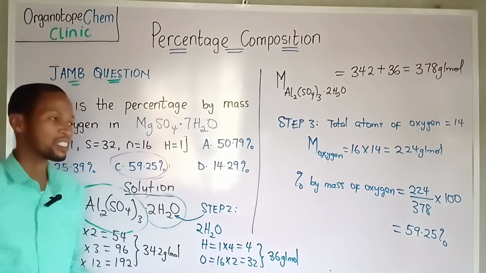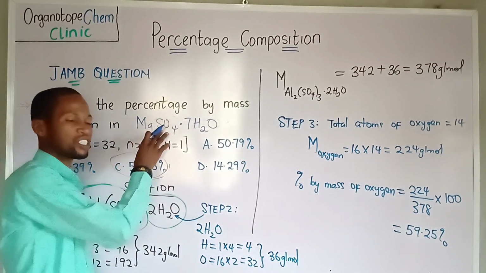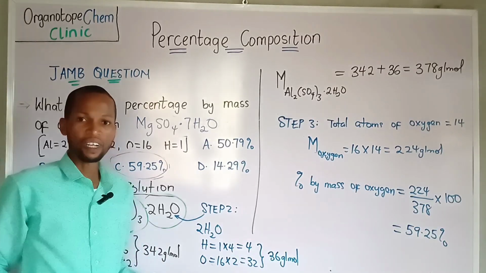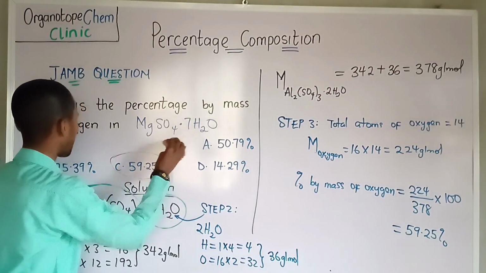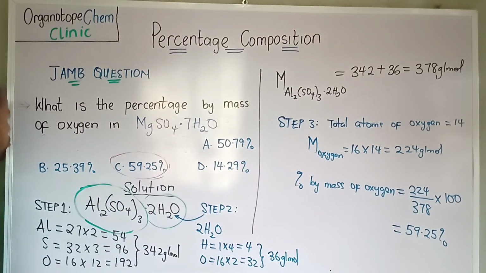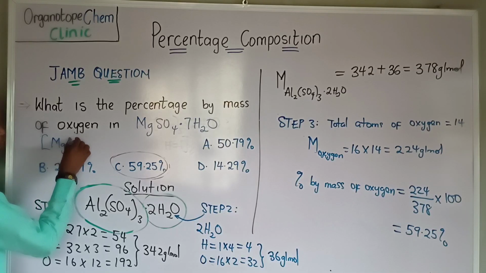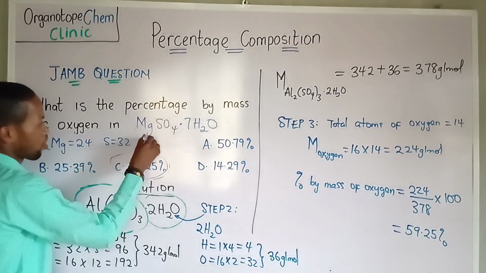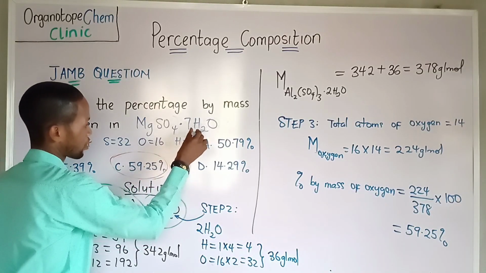So you have to determine the percentage by mass of oxygen in magnesium tetraoxosulfate 6 heptahydrate. And the relative atomic masses of the constituent elements are stated right here. We have magnesium 24, sulfur is 32, oxygen is 16, hydrogen is 1.